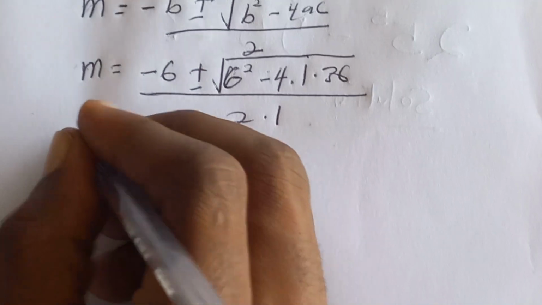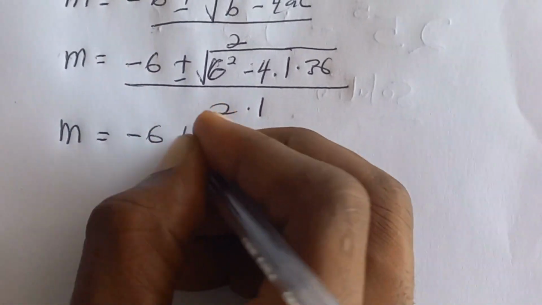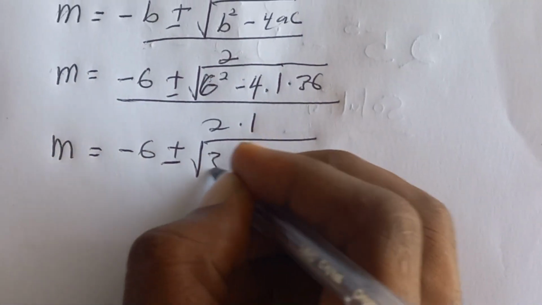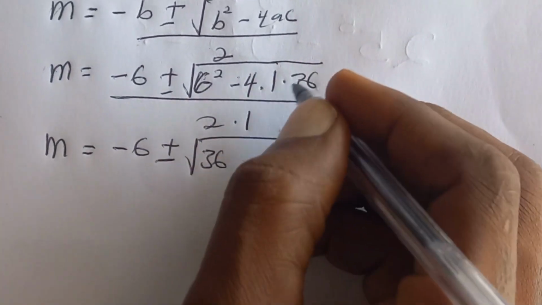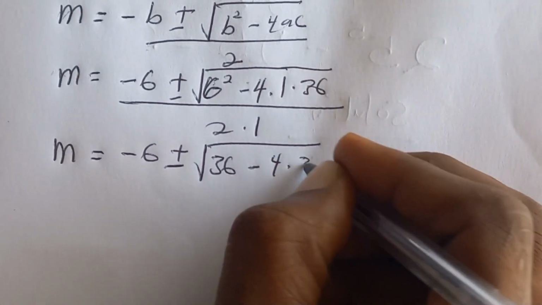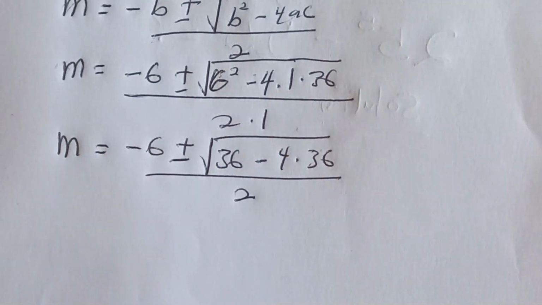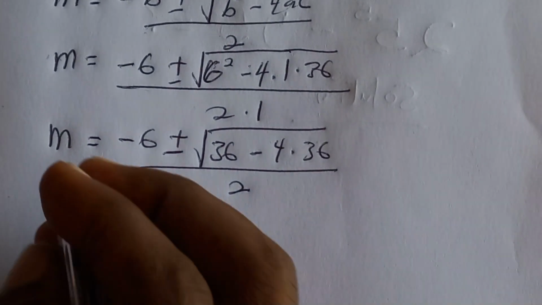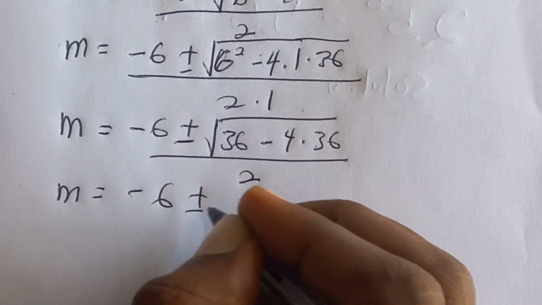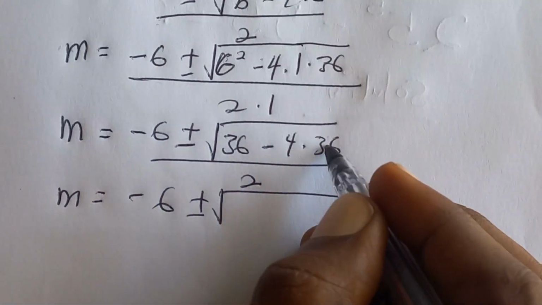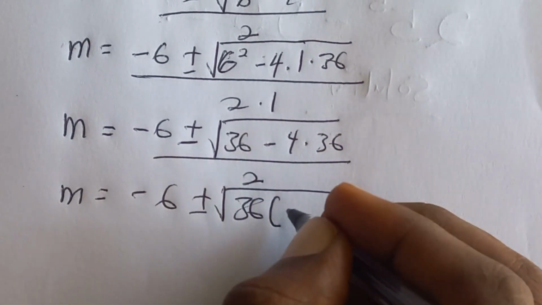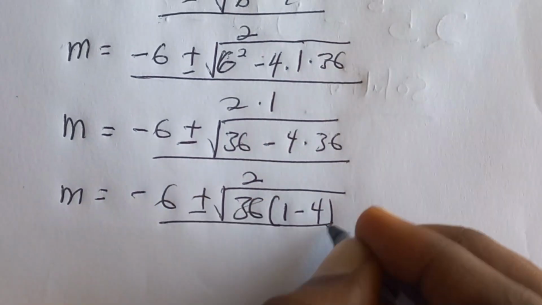So m is equal to minus 6 plus or minus square root of 36 minus 4 multiplied by 36, all over 2.